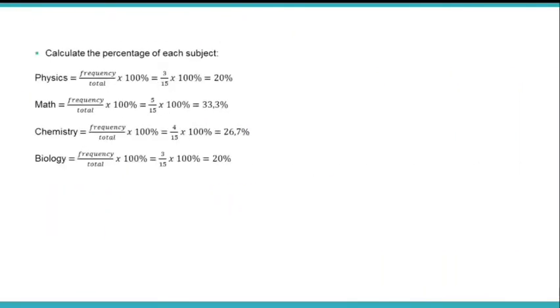The next is present the data in pie chart. So, first we will calculate the percentage of each subject. For physics equals frequency divided by total times 100%. Because the frequency of physics is 3 and total students are 15, so 3 divided by 15 times 100% equals 20%.